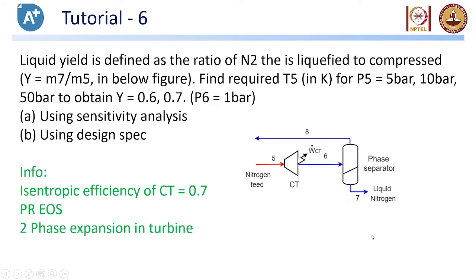In this flow sheet it is essentially M7 by M5. Now I want you to find the temperature of stream 5 for various pressures, 5 bar, 10 bar, 50 bar, to obtain yields of 0.6 and 0.7, given the outlet pressure of the cryoturbine. The turbine outlet is 1 bar.